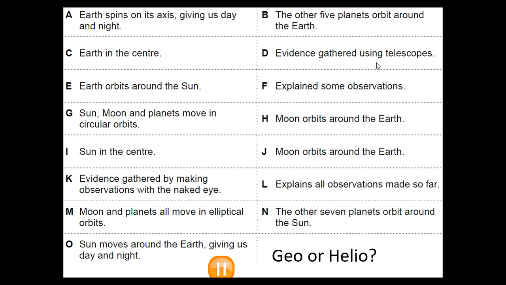So, for example, the Earth spins on its axis, giving us day and night. Which one does that fit in with? It is, of course, the heliocentric model. Okay, so H for helio. So just write down the letters and then just put G, H, or B, depending on what the statement's describing. Pause the video now.